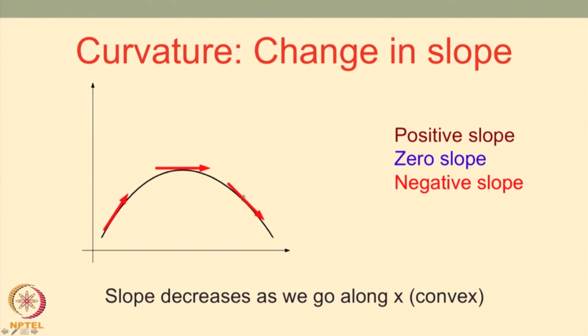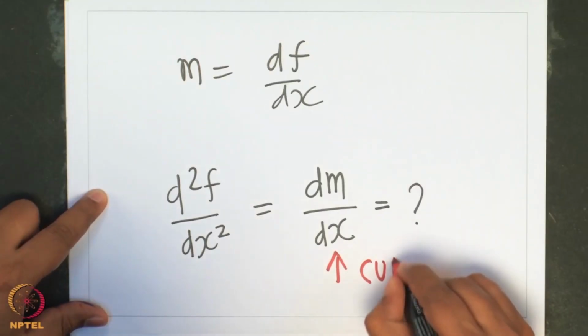The point is that in any curve, the slope will change, and this change in slope is defined as curvature. So, as we saw here, dm by dx, the change in slope, is called curvature.